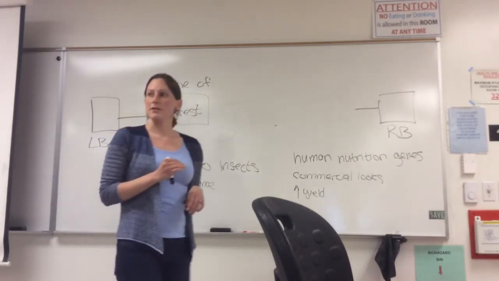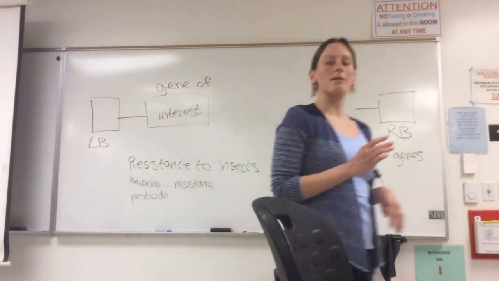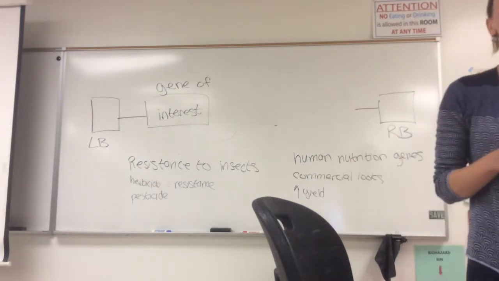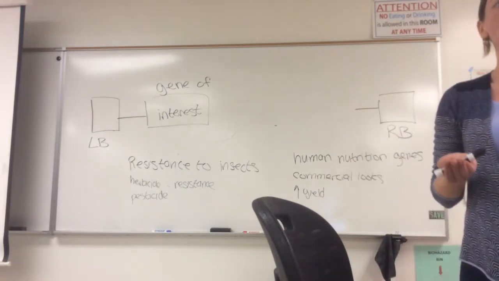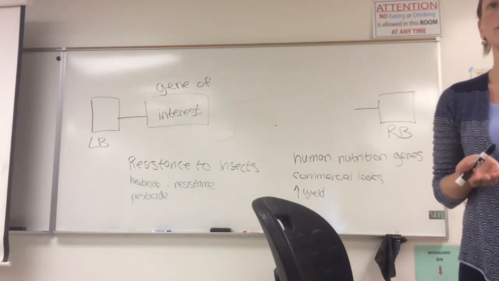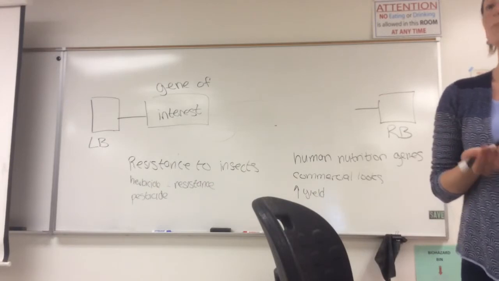What else do you need to do? So thinking about the bacteria that you transformed last week, you needed a way to know what was transformed and what wasn't. Markers. So you want a marker gene.